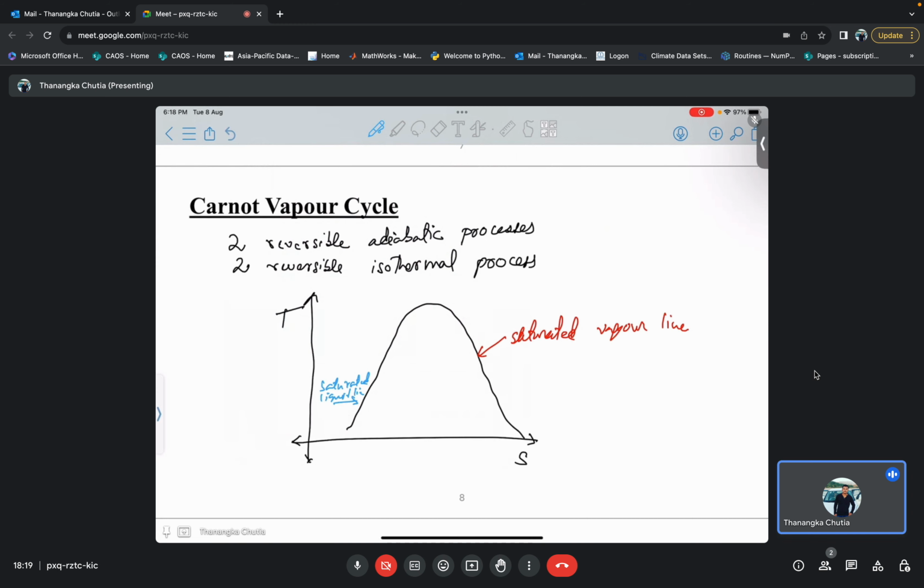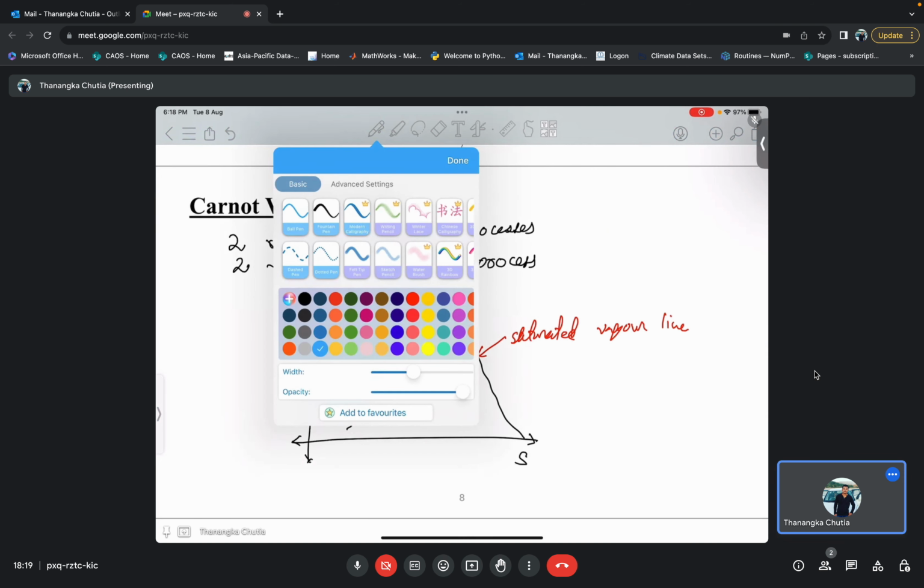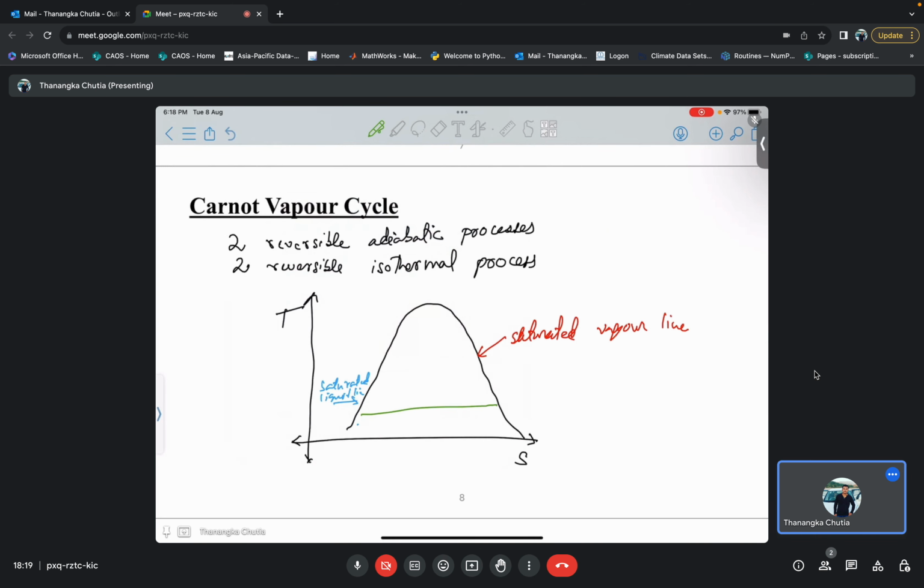In between, it is a mixture of liquid and vapor.